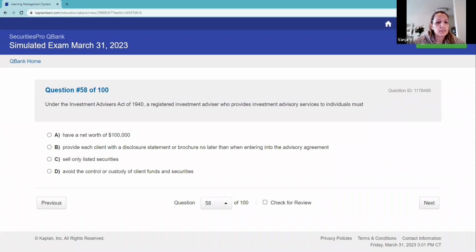This is a federal act. The net worth is too high, so that doesn't have to be. Provide each client with a disclosure statement or brochure no later than when entering into the advisory agreement. B as a boy.